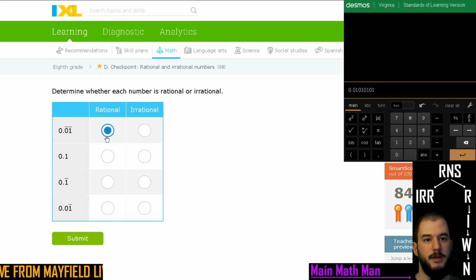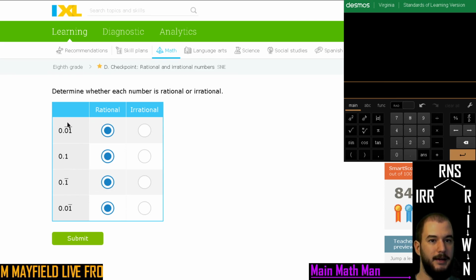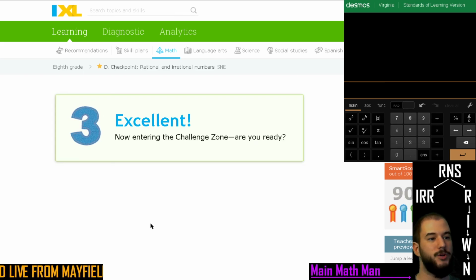So it would be rational. This is rational. This is rational. However, for that last one, it's also going to be rational, but it would look like this. It would be 0.011111, like that, since it's only that one digit repeating. Since they have decimal values that repeat or end, they are all rational.